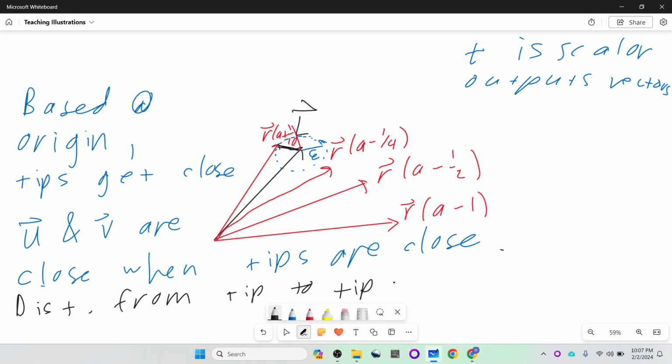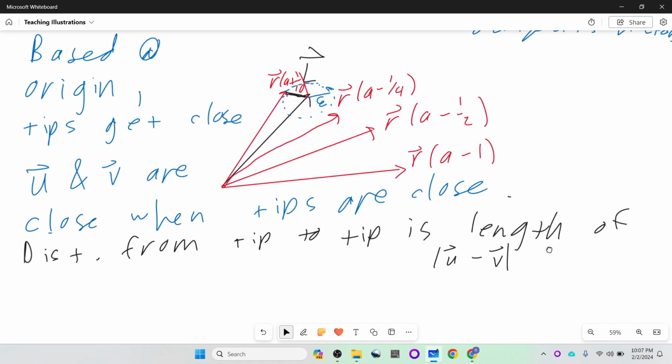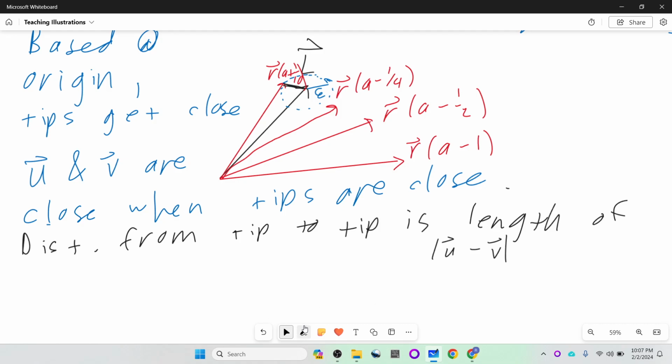The distance from tip to tip is the length of u minus v. That was just something we said early on: the distance between the tips of two vectors is the same as subtracting them. So, I shouldn't have put the absolute values there yet. It's the length of u minus v, which is the absolute value of u minus v.